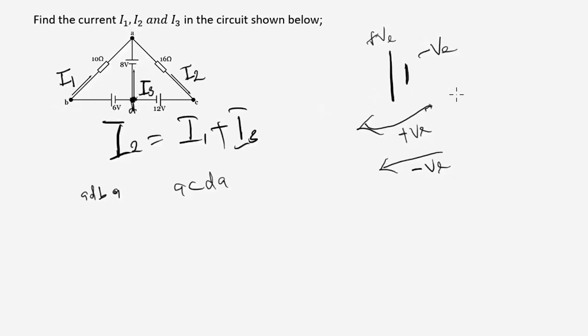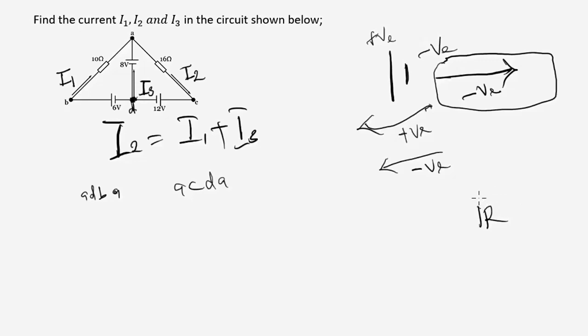So we can simply go ahead and say, when we go from positive to negative, let's have a negative value. So it means any direction we are choosing, we have to be very much consistent with it. And then we can also, on the other hand, say that the potential drop, once you are following this direction, will always be positive or negative, as the case may be.